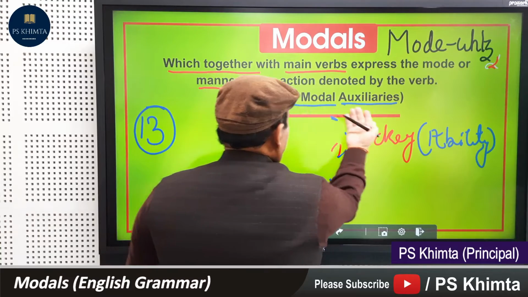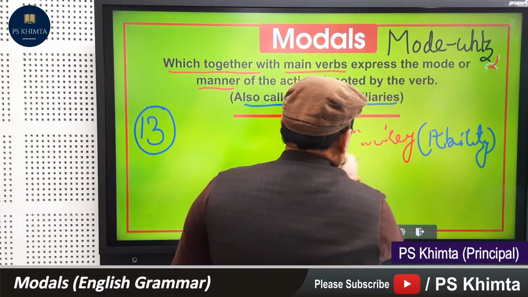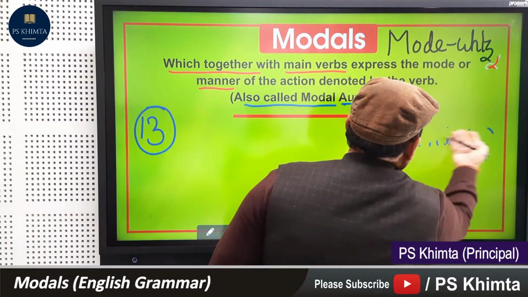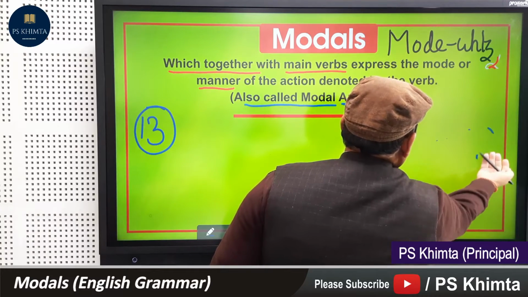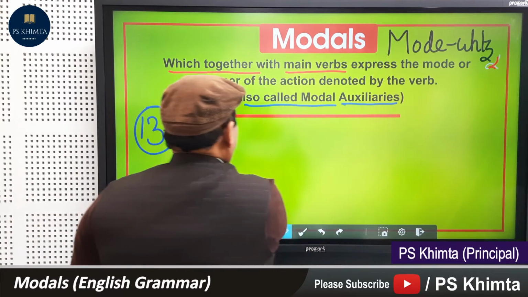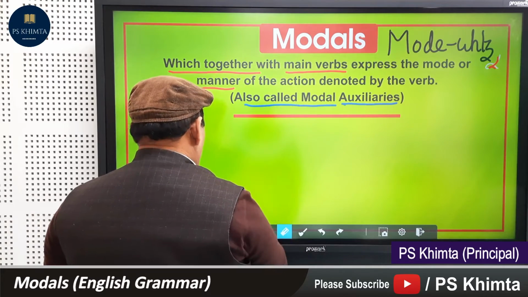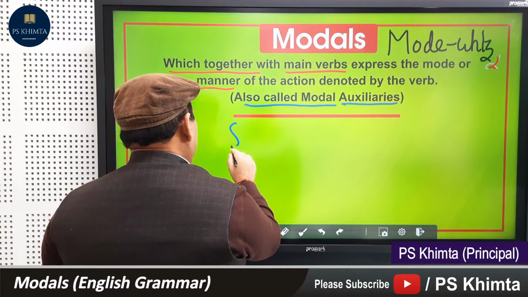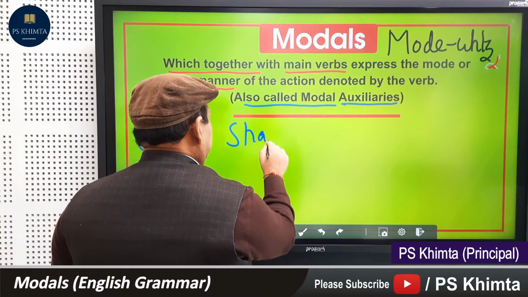definitely, we'll be doing them in sequence, and first of all we'll be covering some important modals, and then in the second video we'll move to the second set. See, this is the first modal that we are doing today. This is shall.